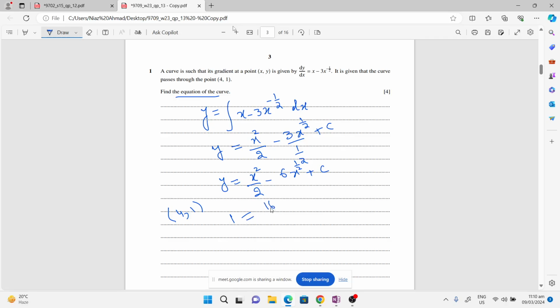So it's 4 squared, 16 over 2, minus 6 times the square root of 4, plus c. So 1 equals 8 minus 6 times 2 plus c.